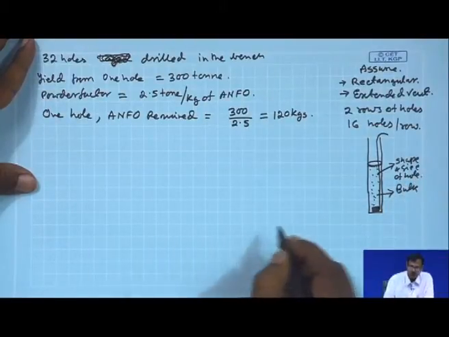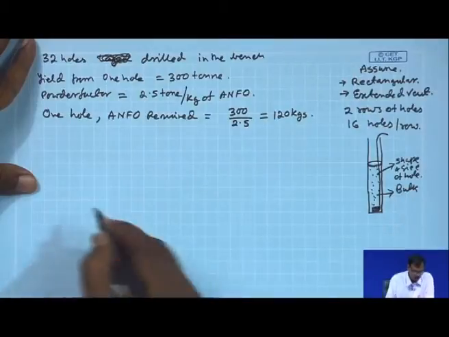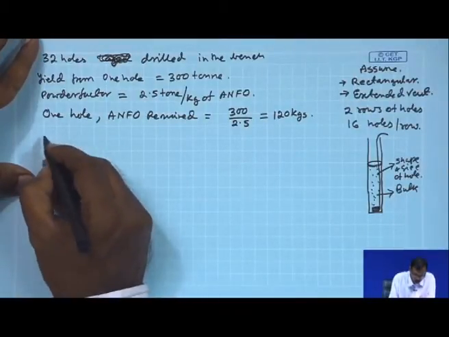So, the diameter of ANFO placed in the hole is equal to the diameter of the drilled hole. So, that is why the ANFO is bulk loading type.